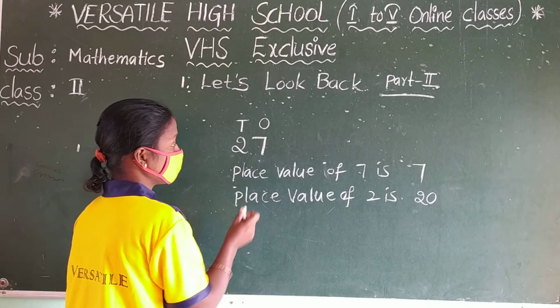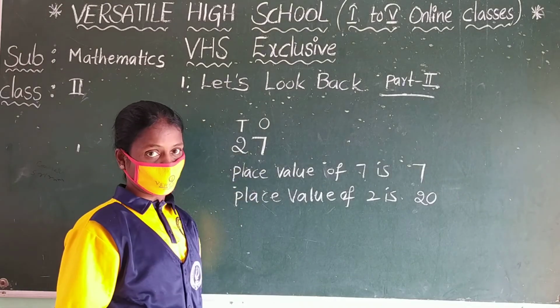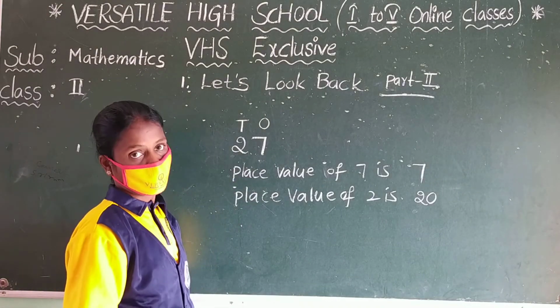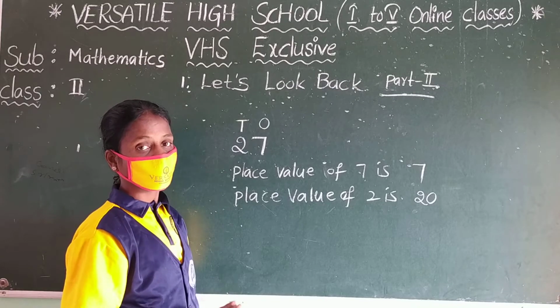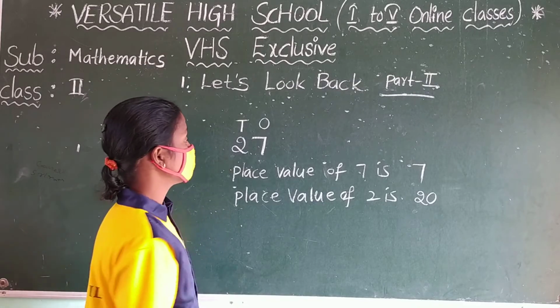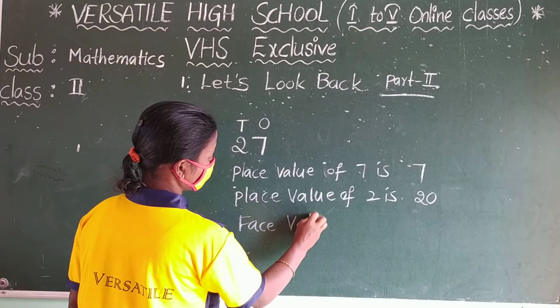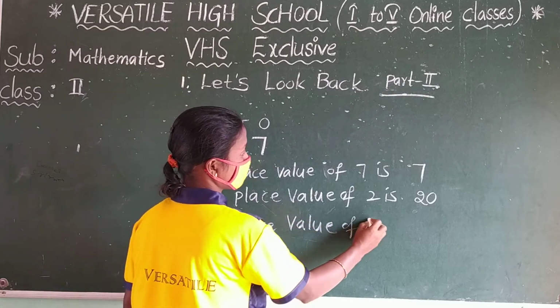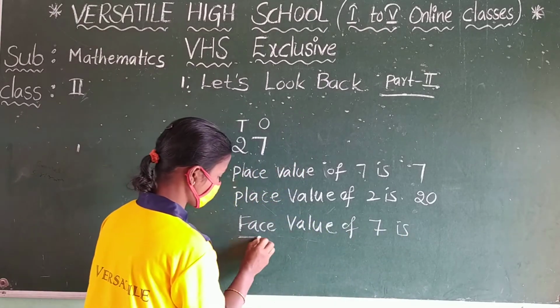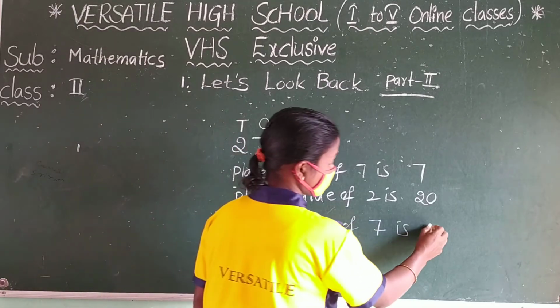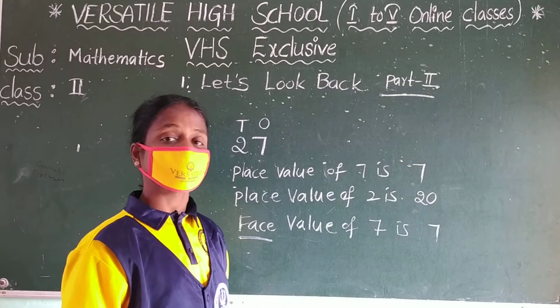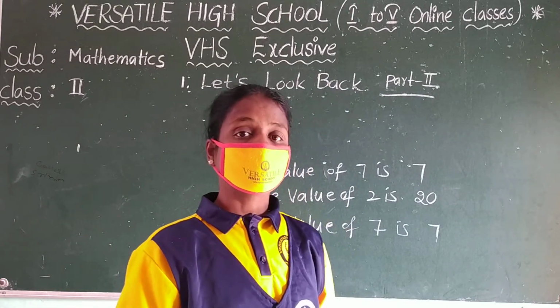Now we are going to the face value. Face value means you write the number only. Don't multiply with 1, 10, 100, or 1000. What is the face value of 7? 7.